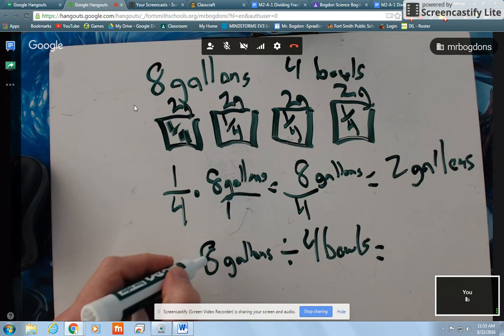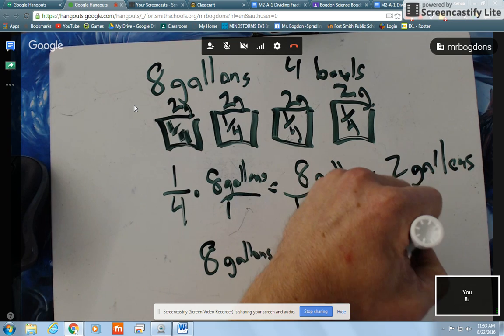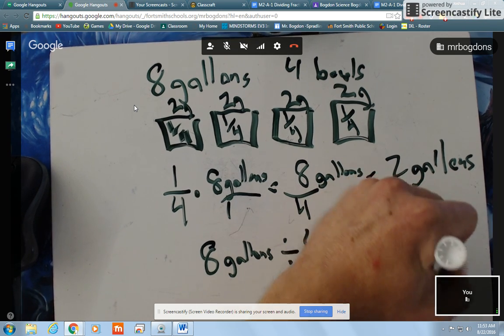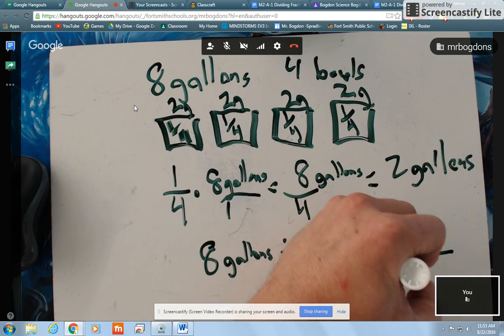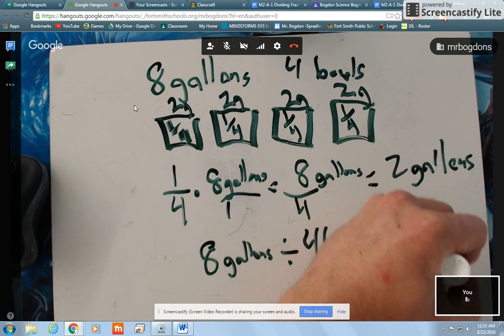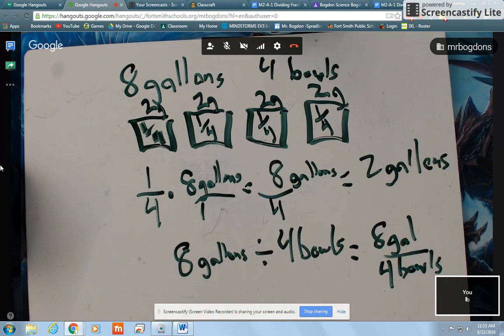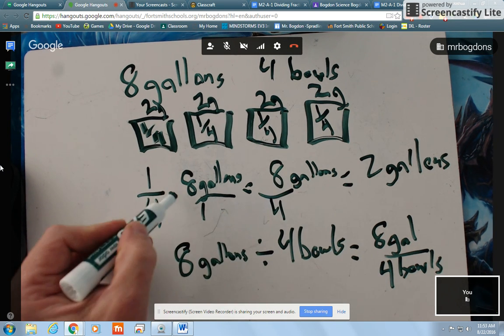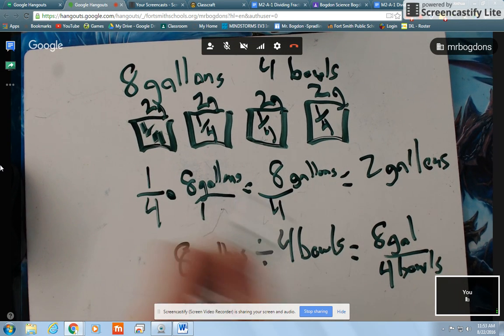The number that comes first goes on top. 8 gallons divided by 4 bowls. Wait a minute, that looks familiar. Didn't we just do that? We just did that up here with our multiplication. So our multiplication and our division are basically going to be the same thing.